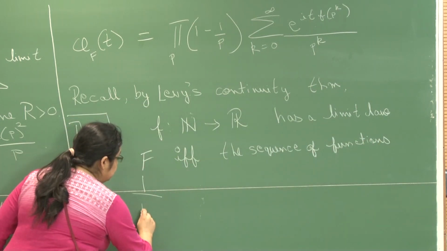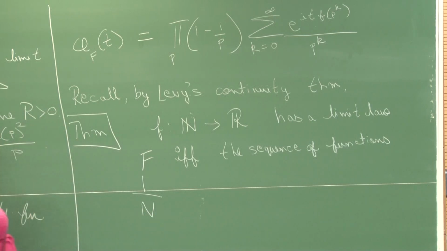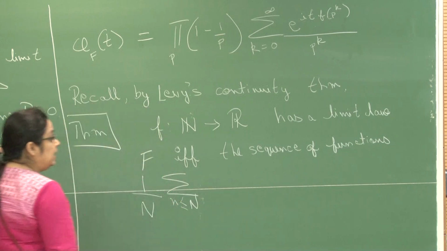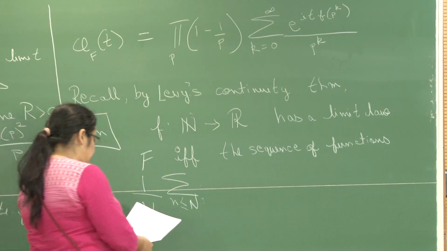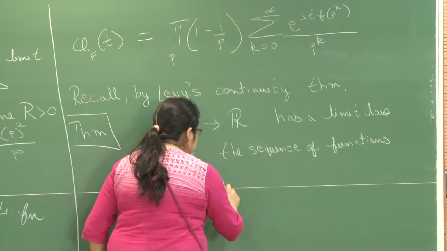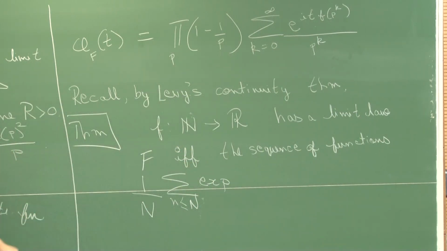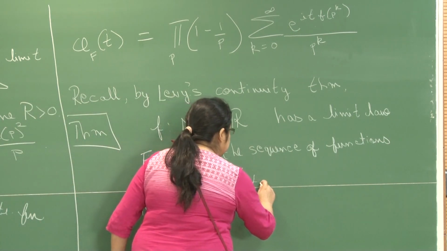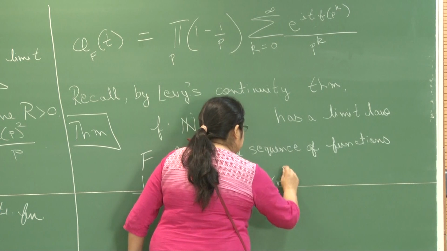This is 1 over N times the summation of little n up to capital N of e raised to the i t f of n; to avoid confusion, we will just write it as exp of i t f of n.